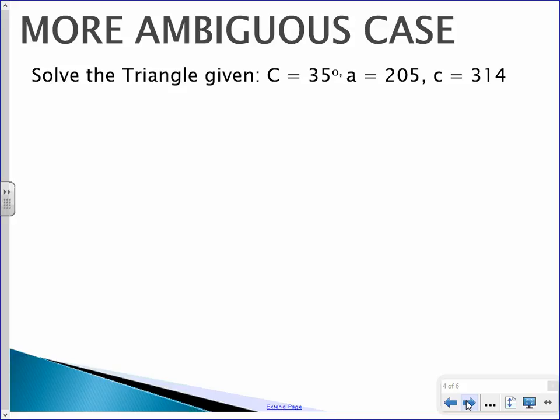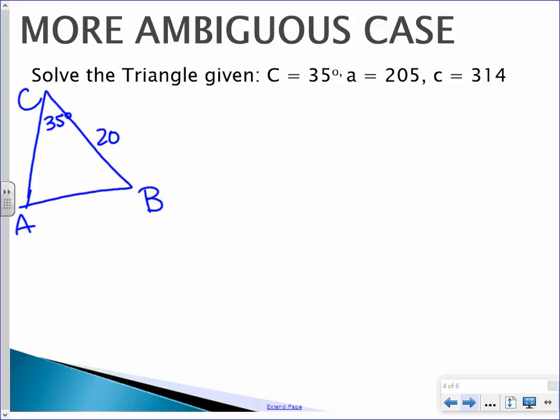Probably in this example you think so? Okay, so we have two sides and an angle not in between those two sides. So we do have the ambiguous case.